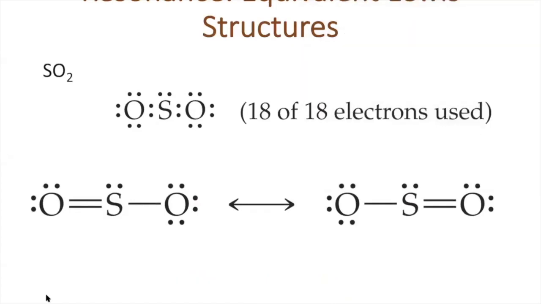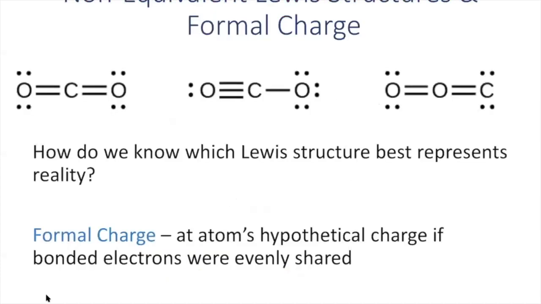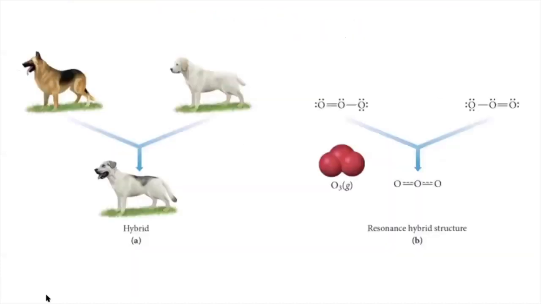Instead, what we're going to do is draw this, and then these dashes, which indicate that the double bond can be alternated. So as you can see, a hybrid is a mixture in reality. You're going to have a mixture of both structures.